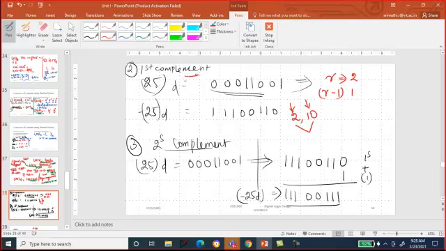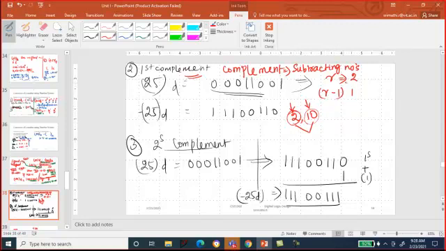Complements will be used for subtracting numbers. If we need to write a program for subtracting numbers, a human being will know in terms of decimal, the machine will know in terms of binary.